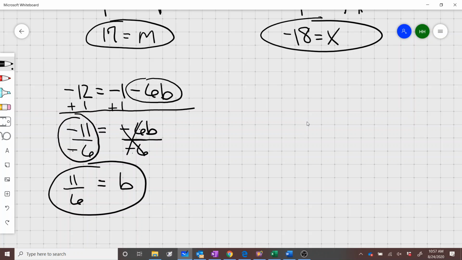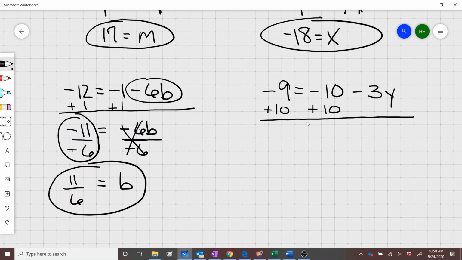All right, so let's do one more of these. Negative 9 equals negative 3 minus 3y. We're going to add 10 to each side. Everybody agree with that? Good, good. Negative 9 plus 10. Your 10s cancel each other out.